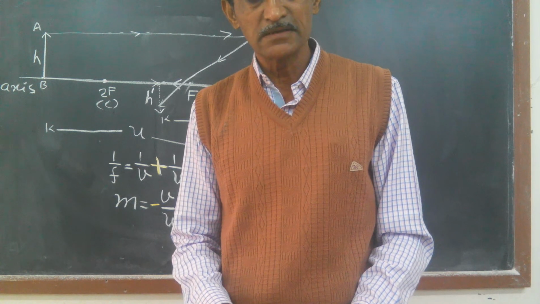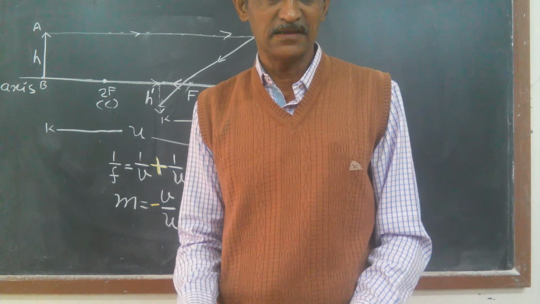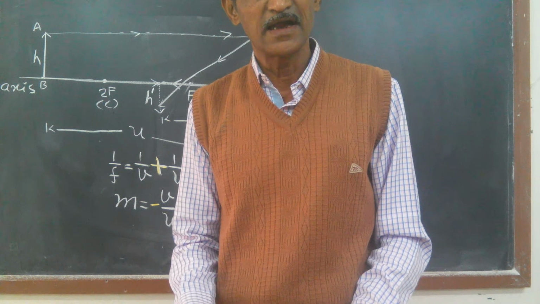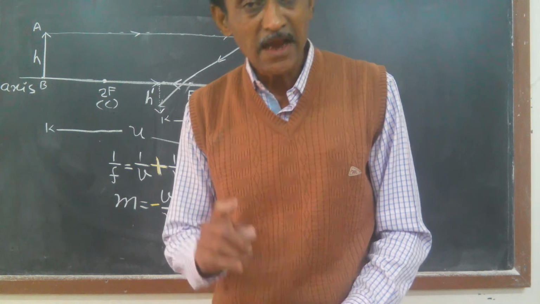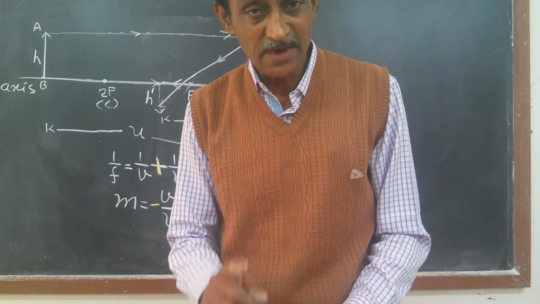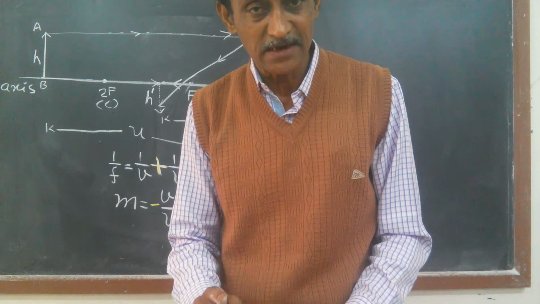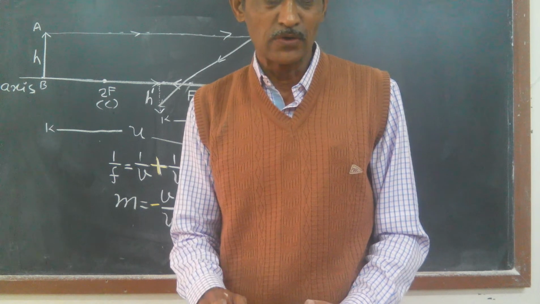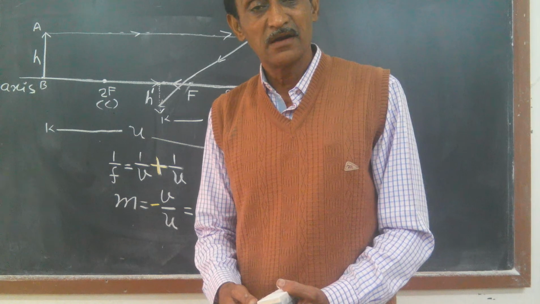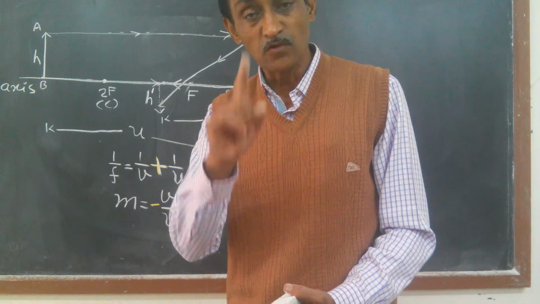If image is larger than object size, then magnification is greater than 1. In case of plane mirror, size of image and that of object is same. So, according to this formula, for plane mirror, magnification is always 1.